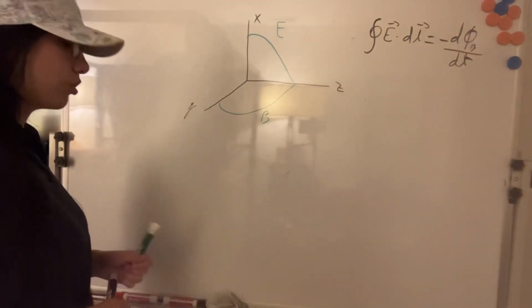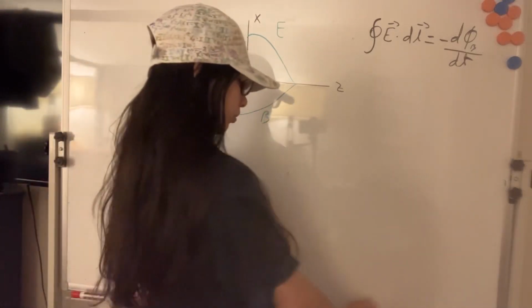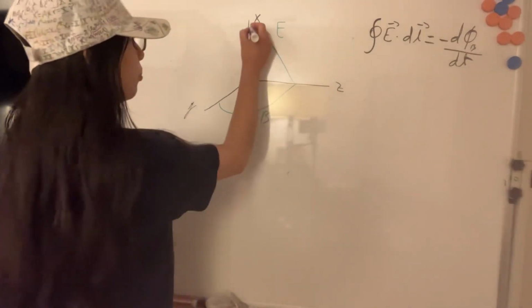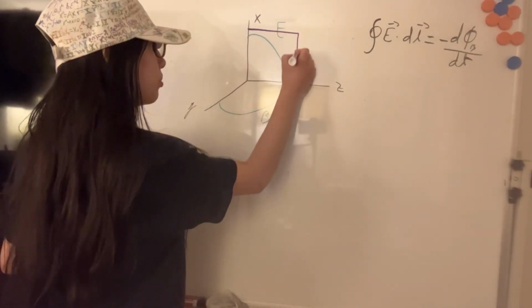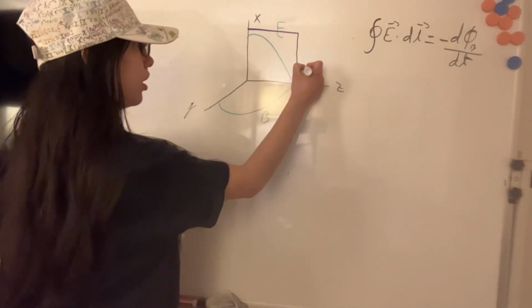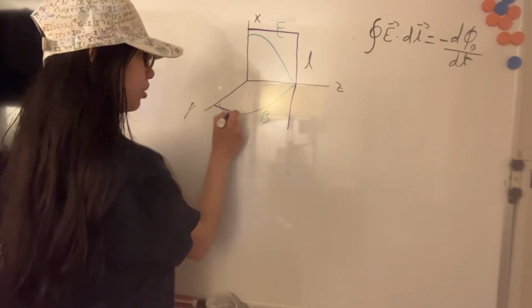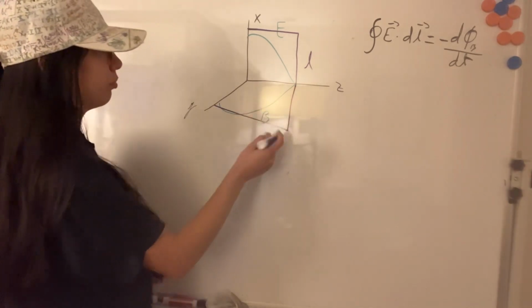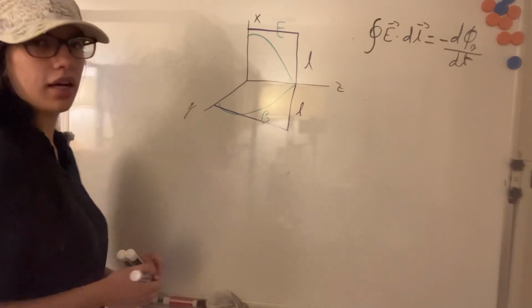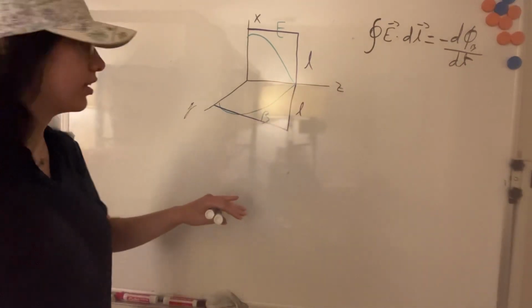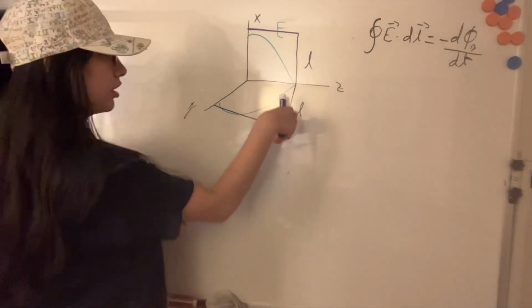So we need to choose a closed loop. Let me pick this one with the length L. Here I have the same loop. Keep in mind that the dimensions are drawn to scale. So this length is L.